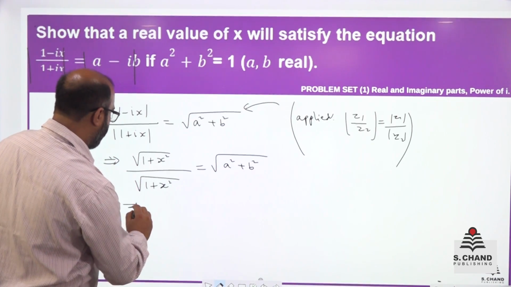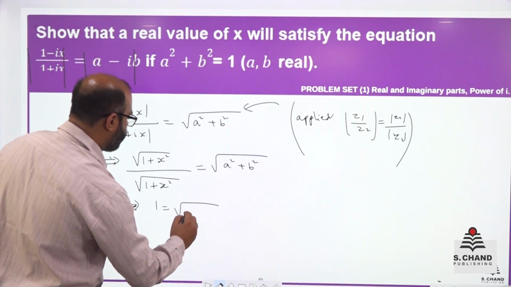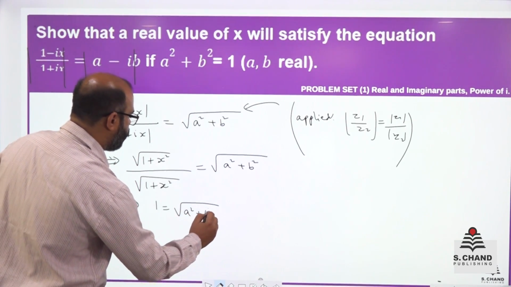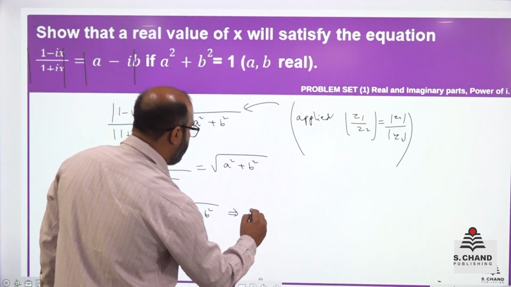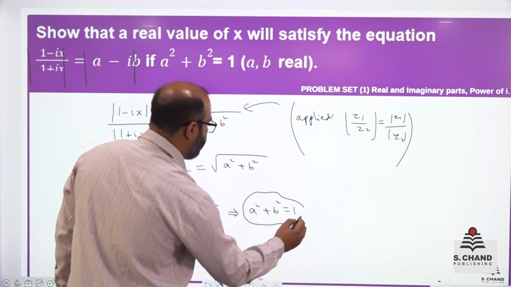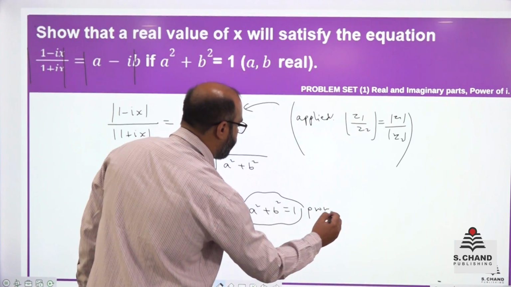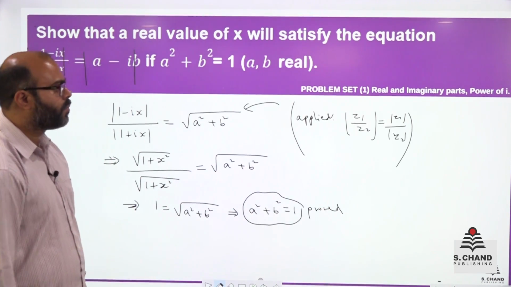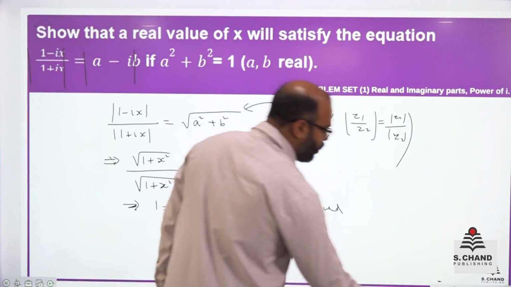Now this will become 1 is equal to root over a square plus b square. So you will get, after squaring, a square plus b square equal to 1, which we had to prove.